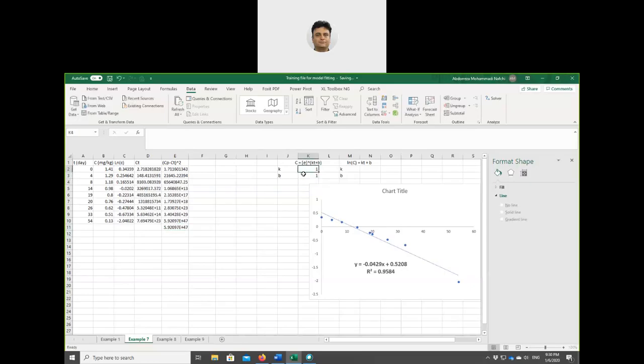Because K is negative, I prefer to start by minus, for example. We can try and check again. And this one I start with 1. I try with 1.